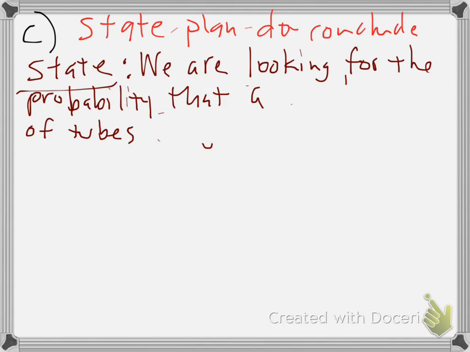I'm going to go back here and I apologize for erasing this, but that's okay. It's a learning experience. It's not the probability that we're looking for a pair of tubes.